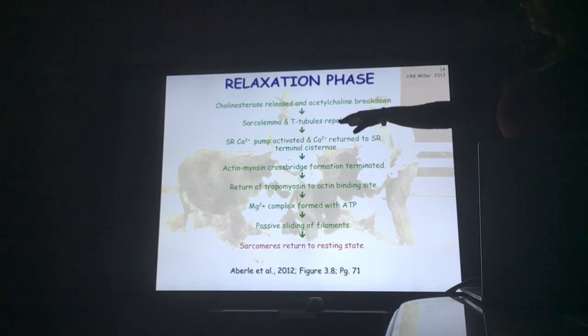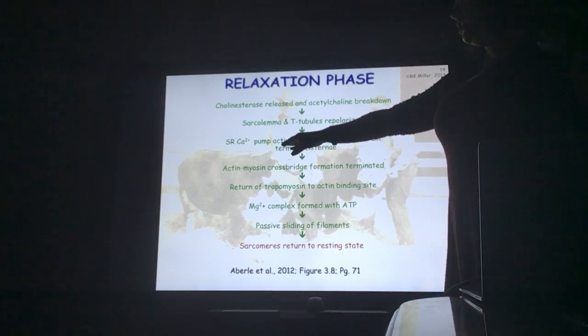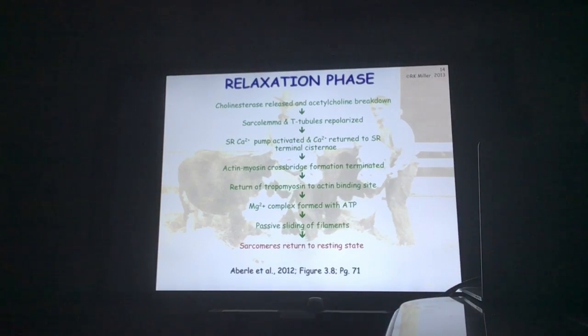That means if the T-tubules or the action potential has been stopped, the sarcoplasmic reticulum also has the action potential stopped. So the calcium channel gets plugged back up, but we also have a calcium pump that gets activated.